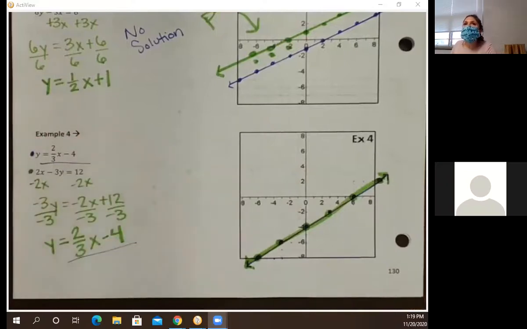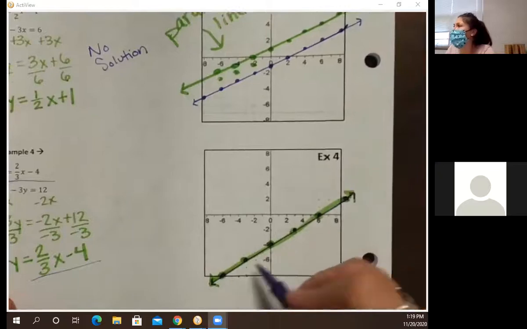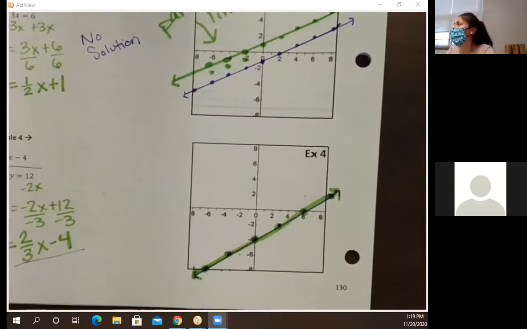So if my solution to a system of equations are the points that are on both lines, right? Before we saw places where they intersect, that point was on both lines. What would that mean here if every point is on both lines? That means that every point then is a solution. Every point is a solution.